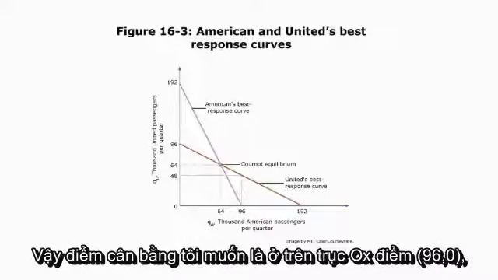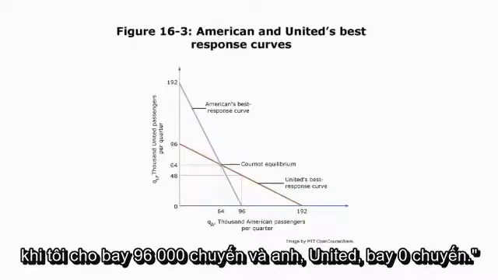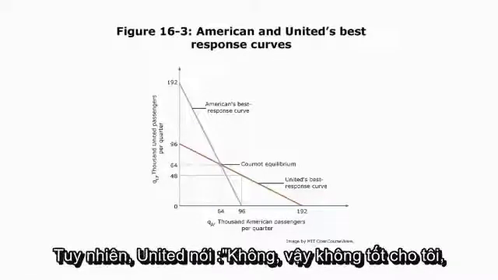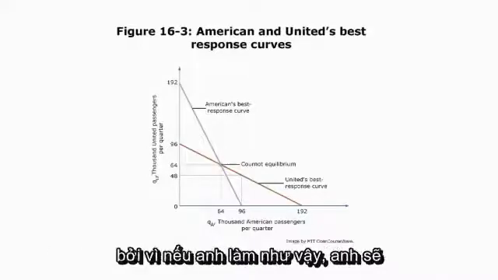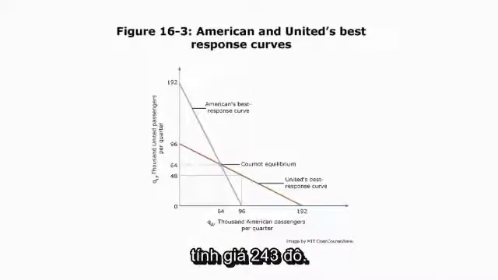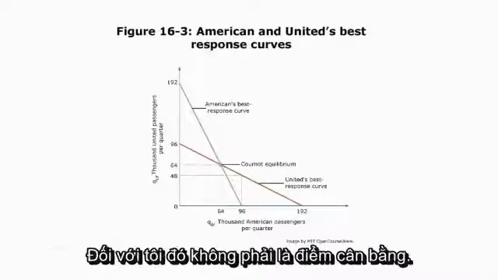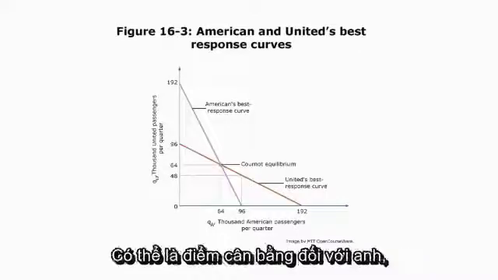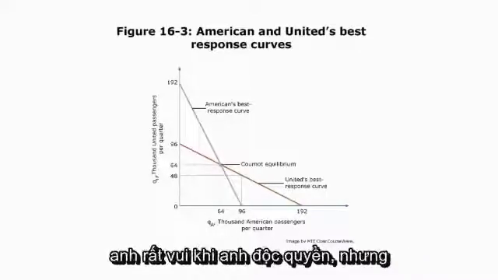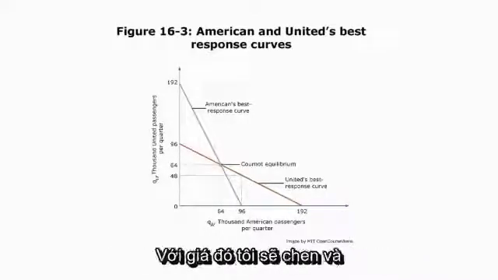United says, no, that's not optimal for me, because if you're doing that, then you're charging a price of $243. So there's money to be made for me. I can come in and start stealing some of your flights. So that's not an equilibrium from my perspective. It might be from your perspective. You're delighted, you're a monopolist. But not from my perspective. At that price, I'll come in and start stealing some of your business.